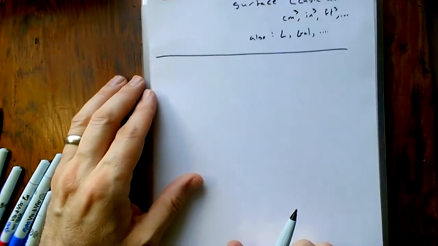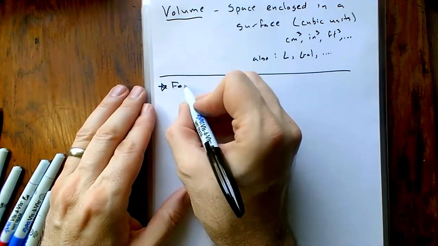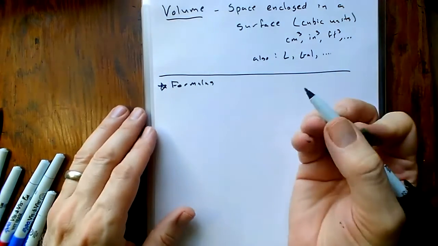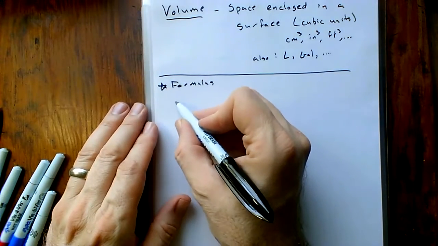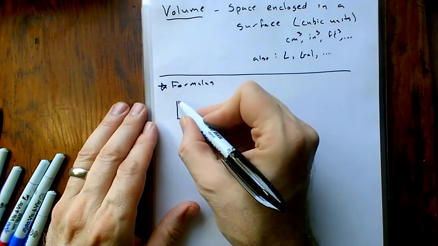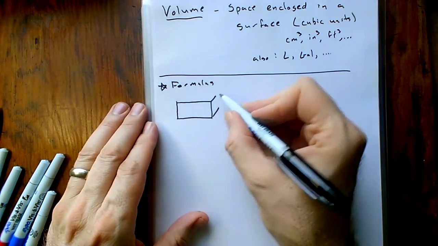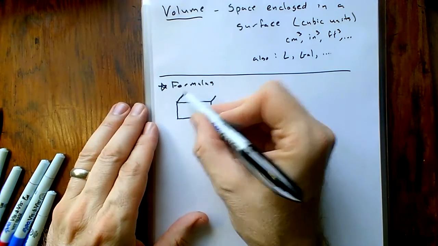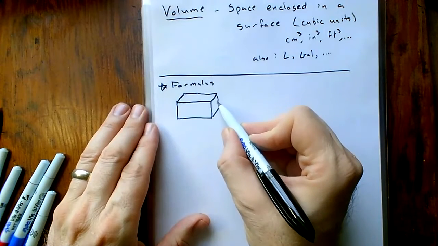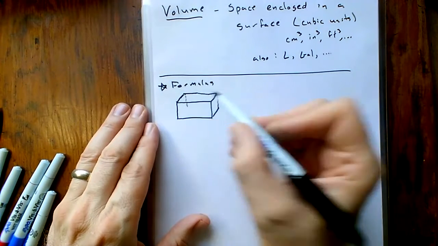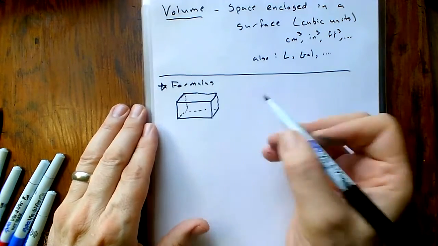Let's start. I'm going to start talking about our different formulas. And as always, it's always good to start with some of our basic shapes like a box. So when you've got a shape like a cube or a box, you're going to find yourself with three different things.